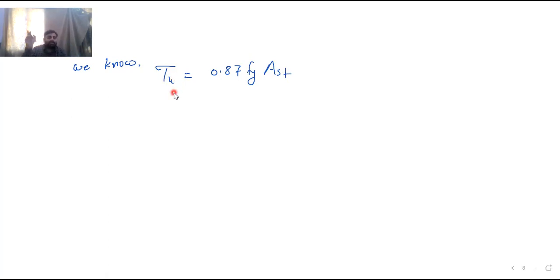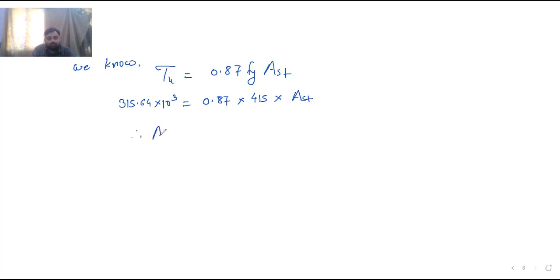Okay. And in the AST formula with the moment, the moment value is required. Here we have not calculated the moment. So that is why by using the force and this equation, we are going to calculate the area of the steel. Now the TU is 315.64 into 10 raised to 3, which is equal to 0.87 into Fy 415 into AST.